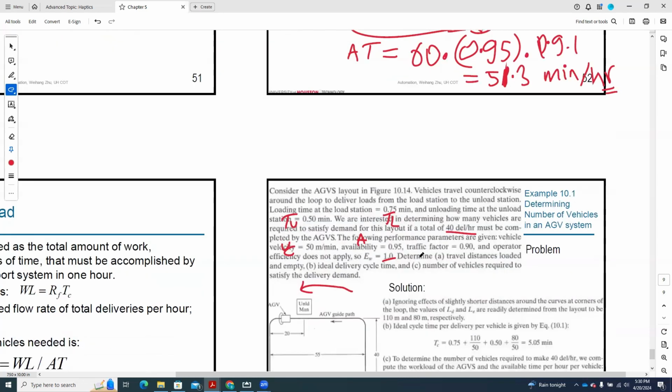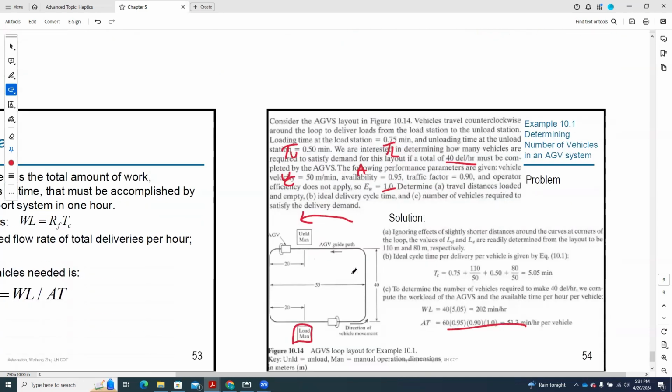Now, let's determine the travel distances, loaded and empty. This is the unload main and this is the load main, and we travel in this direction. What is the distance we have to travel for loading and unloading? The vehicle travels counterclockwise around the loop to deliver loads from the load station to the unload station.